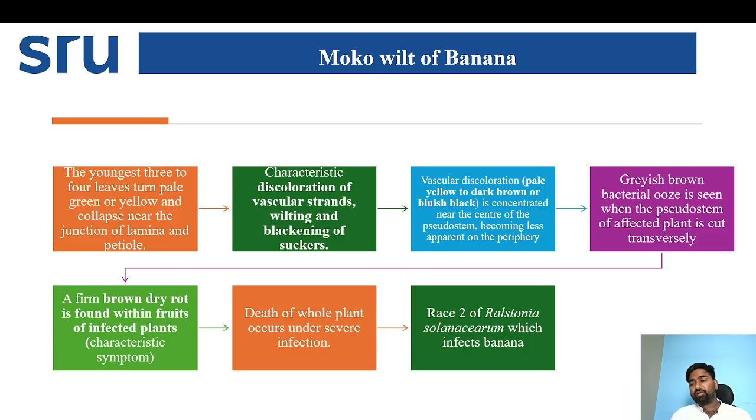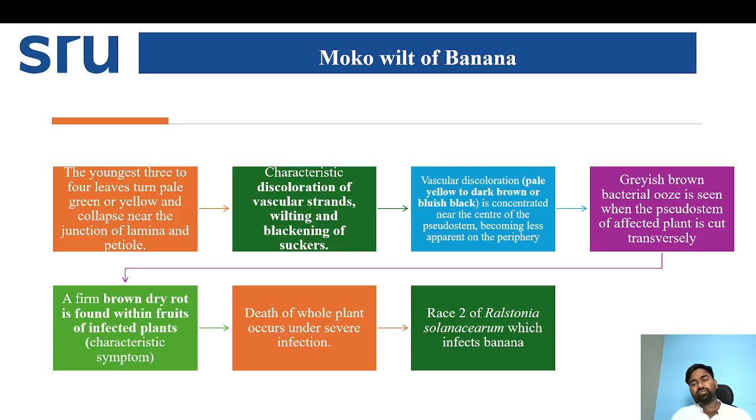Grayish brown bacterial ooze may be seen when we cut the affected plant transversely. A firm brown dry rot is found within the fruit of infected plants, which is the most noticeable symptom, dry rot of infected banana fingers. Death of the whole plant may occur under severe conditions.